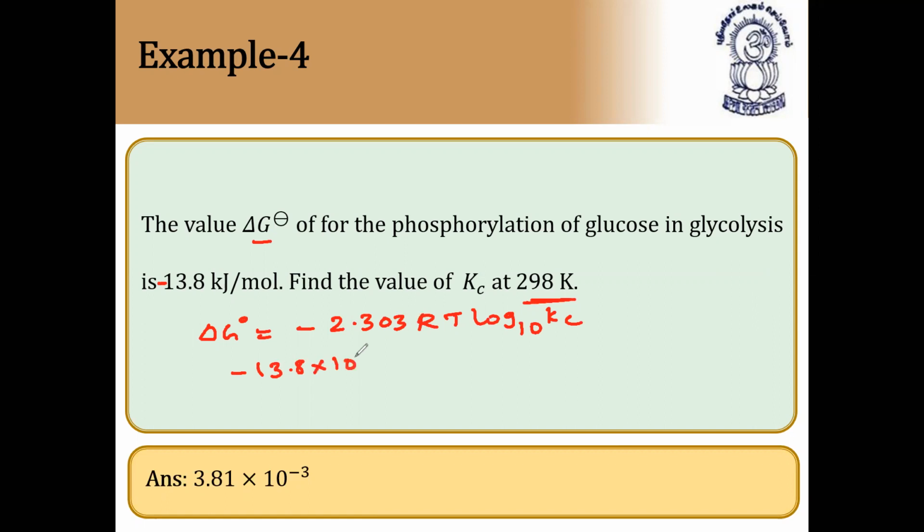or you can say 10 to the power of 3, is equal to minus 2.303 into R value 8.314 into T value. T value is how much? 298 kelvins is already given, into log base 10 Kc. So it is nothing but log Kc.